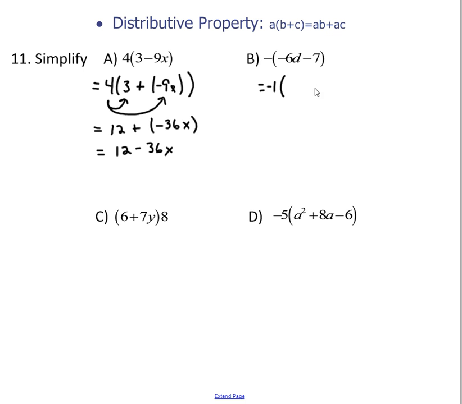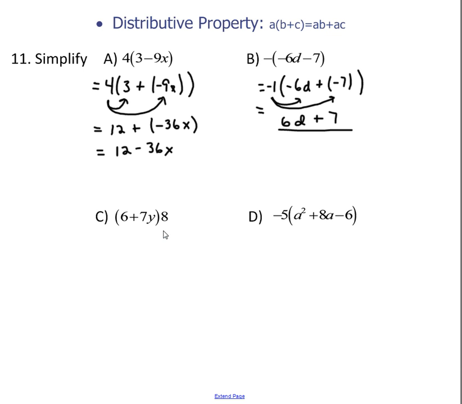And since it is two negative numbers this time, we can think of negative 6d added to negative 7, and carry out our multiplication of negative 1 by both terms in the parentheses. So negative 1 times negative 6 is going to become positive 6d. And then, of course, negative 1 times negative 7 becomes positive 7. And so this is our simplified result.